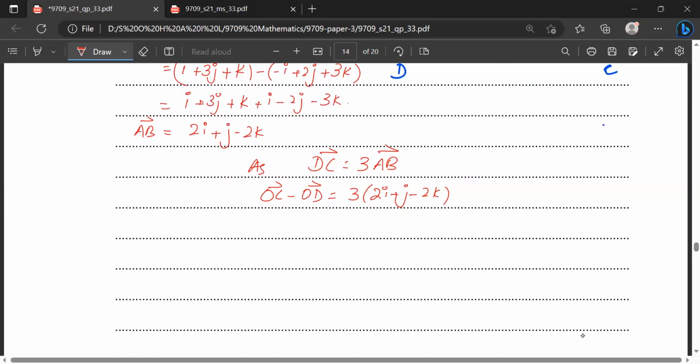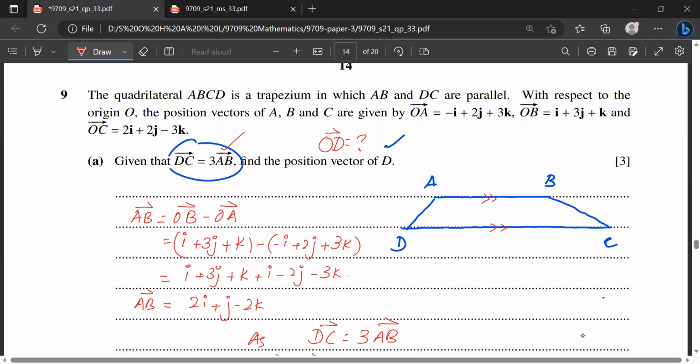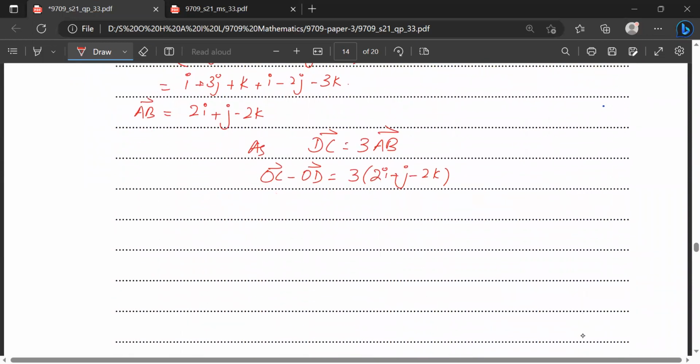OC is given again. OC is 2I plus 2J minus 3K. So 2I plus 2J minus 3K minus OD is 6I plus 3J minus 6K.